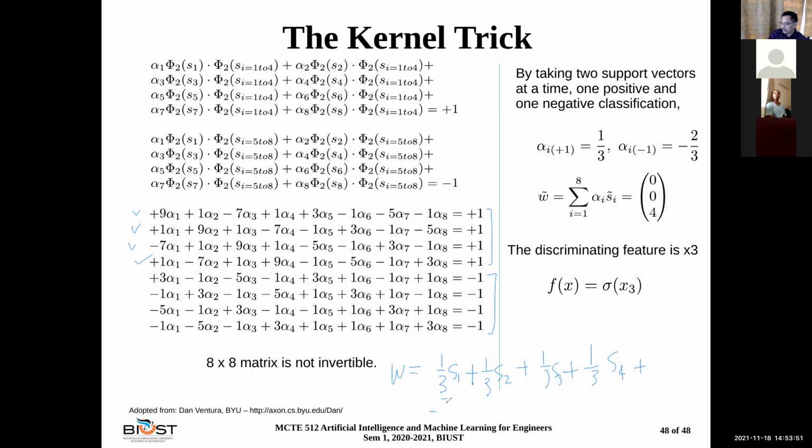So -2/3 S5, -2/3 S6, -2/3 S7, and -2/3 S8. Then you can solve for your W. And in this case here, the W is 0, 0, 1.